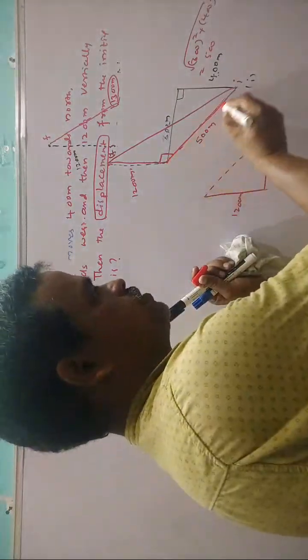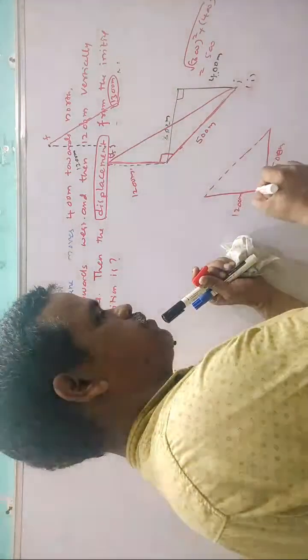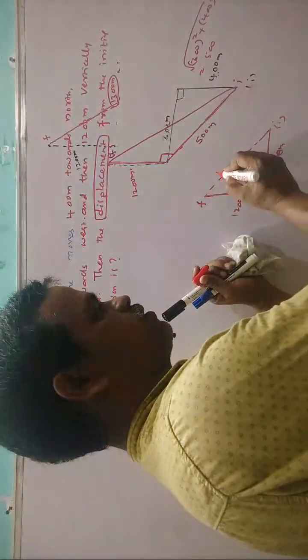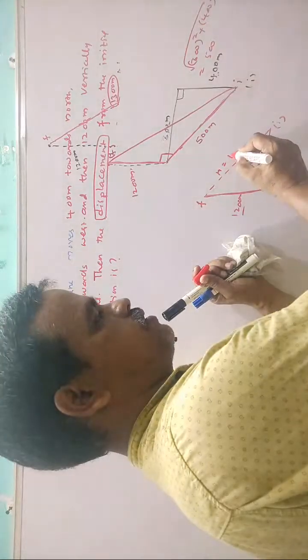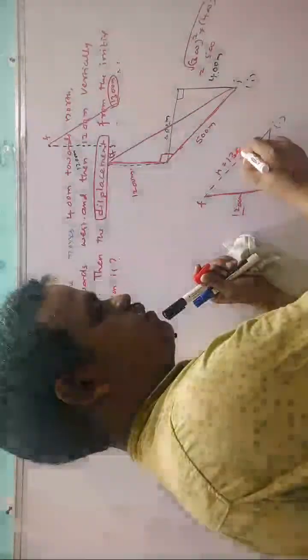So this is 500 meter, this will become 1200 meter, this is the initial position, this will be the final position. For this hypotenuse we will get 1200 square plus 500 square, you will get 169 under root, that we will get 1300 meter.